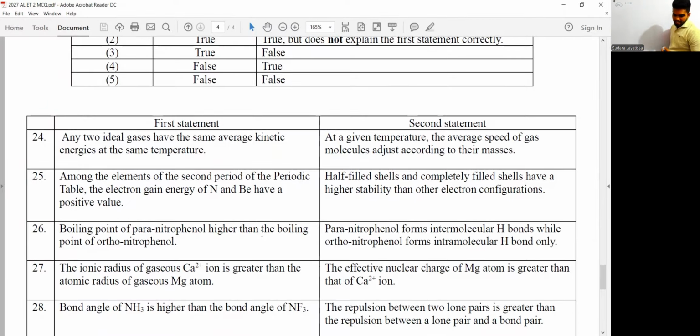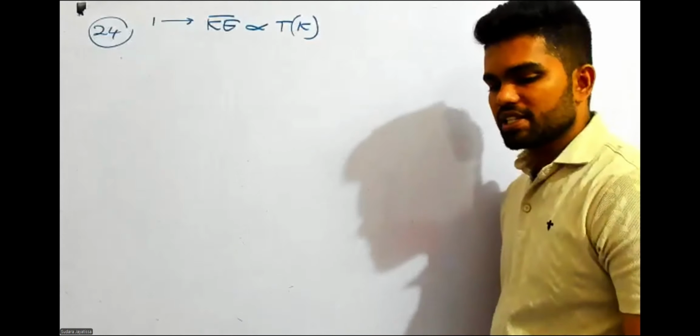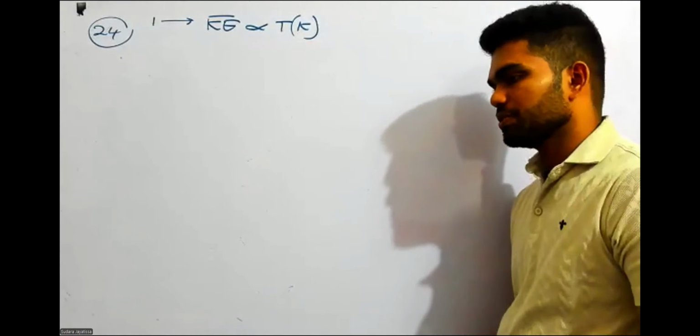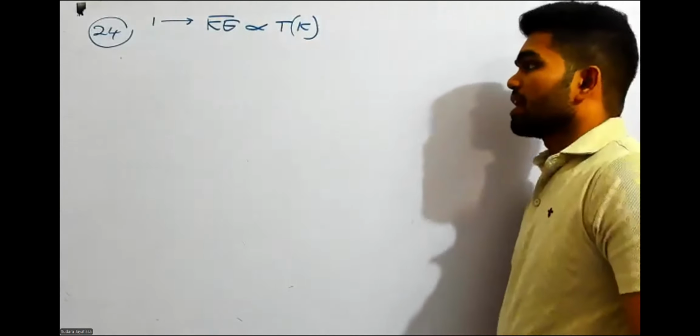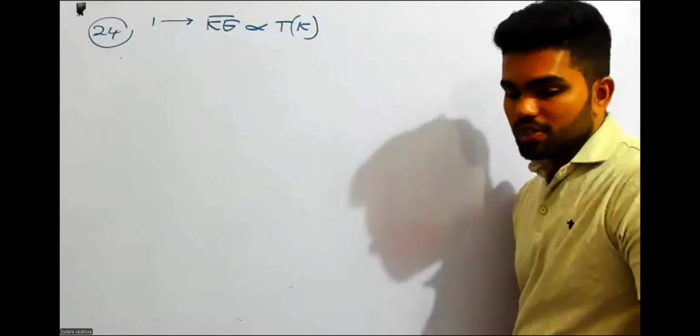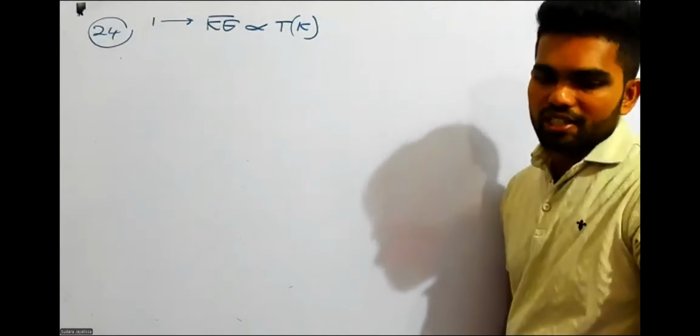Now, what is the last point of the kinetic molecular theory? Average kinetic energy is directly proportional to absolute temperature. Okay, so students got confused. I noticed some of you speak to me also. It is not mentioning absolute temperature, but it is not required, right?